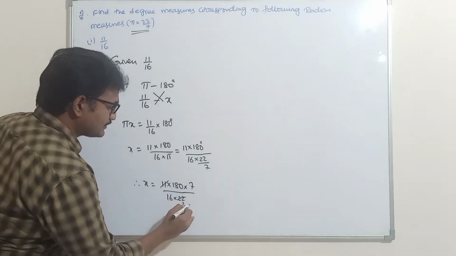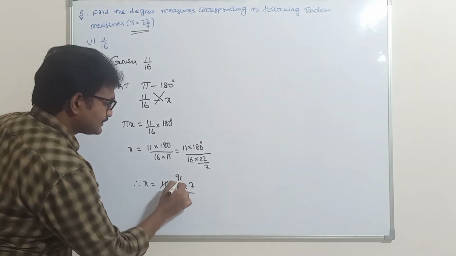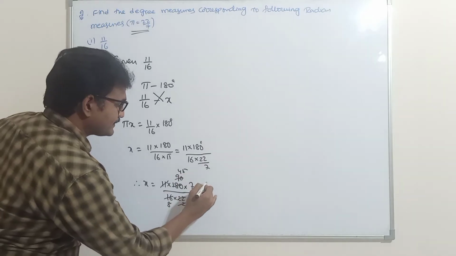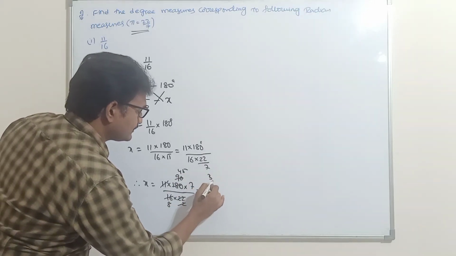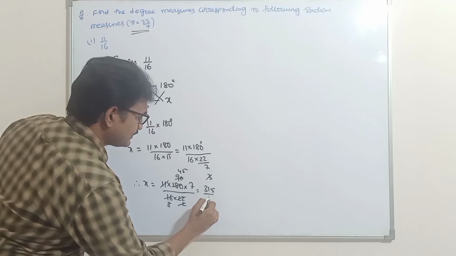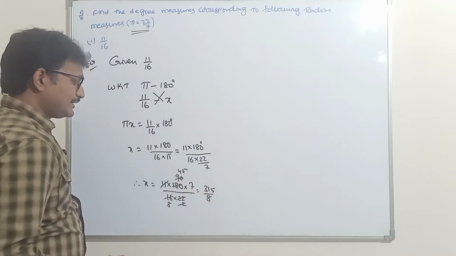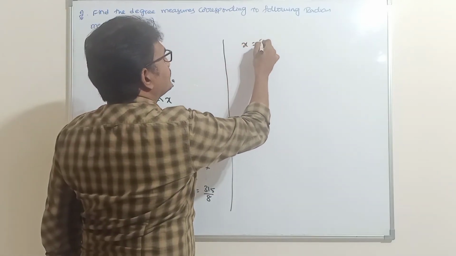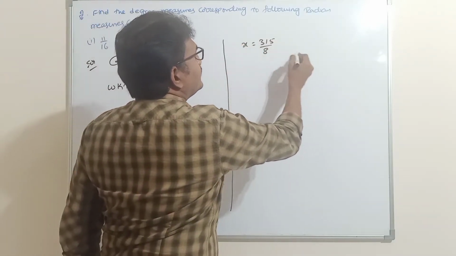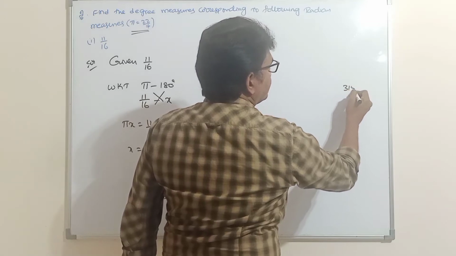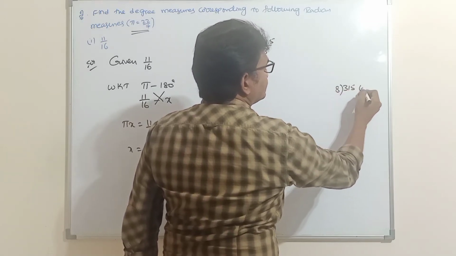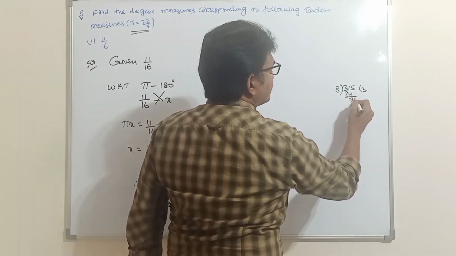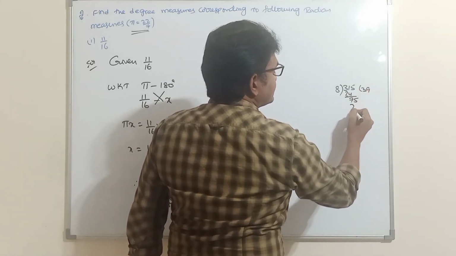So 11 2s are 22, 2 90s are 180, 2 8s are 16, and 7 45s are 315. So finally we got x value is 315 by 8. X is equal to 315 by 8. Divide this 315 by 8. 8 3s are 24, 8 9s are 72.